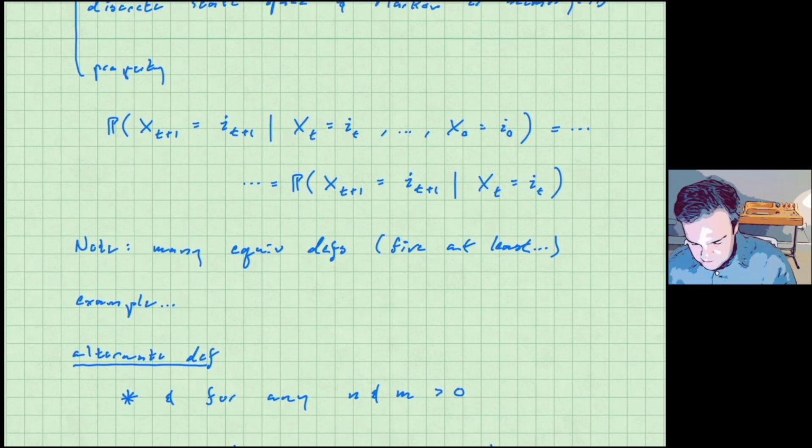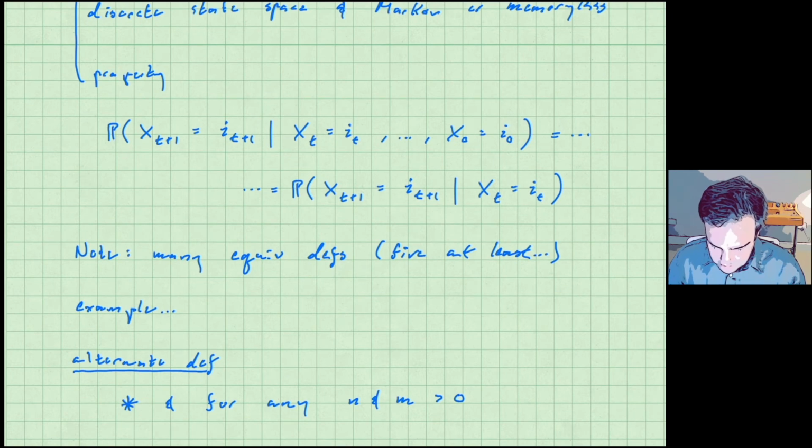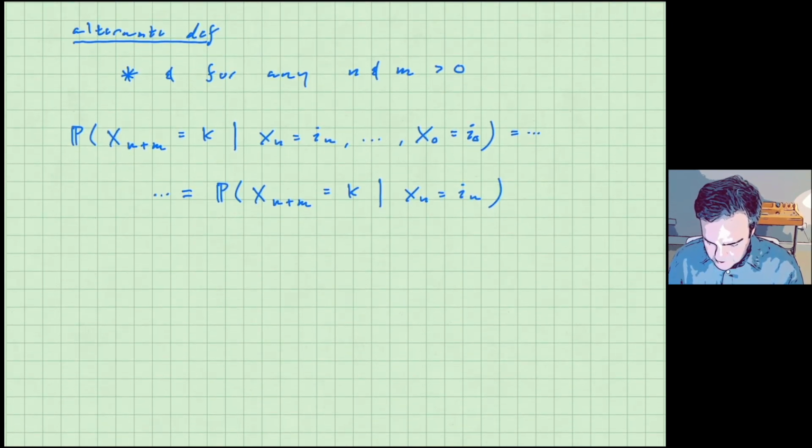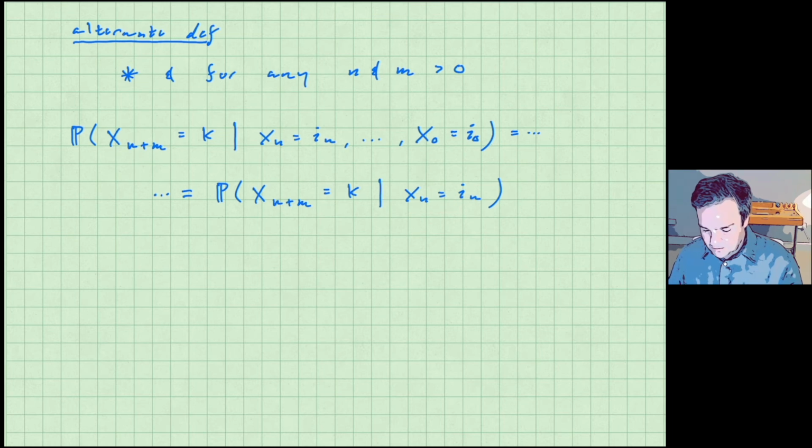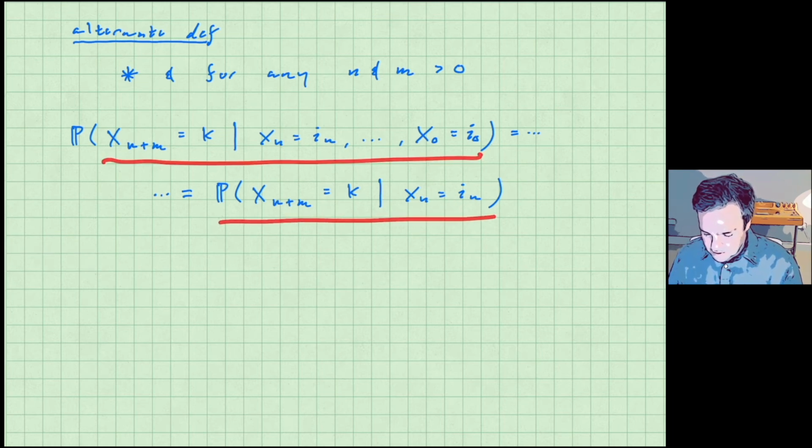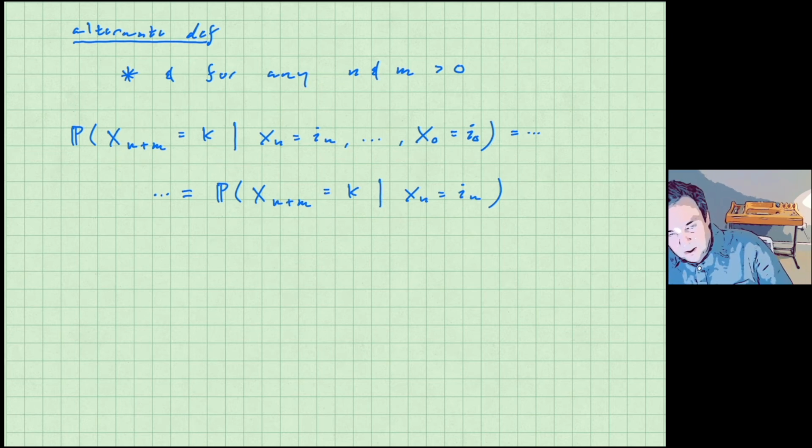So this is just saying the next one. And this one, there's a bigger gap, right? So we're just going from n up to n plus m. And we say it only matters, this expression here reduces to this expression here. It doesn't mean that x sub n plus m maybe isn't different if you had, let's say, conditioned on x sub n plus 1.